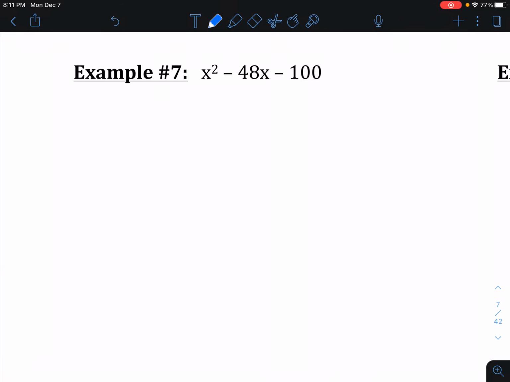Okay, another one. What are the signs here going to be? Well, we have another C term being minus, so we're going to automatically put in plus, minus. Now we need factors of 100.